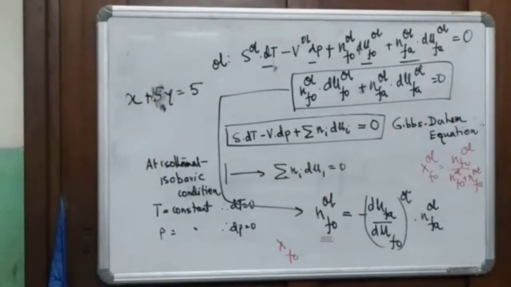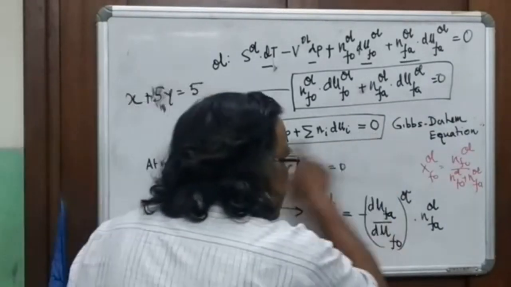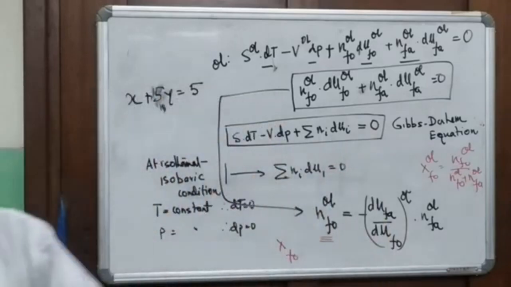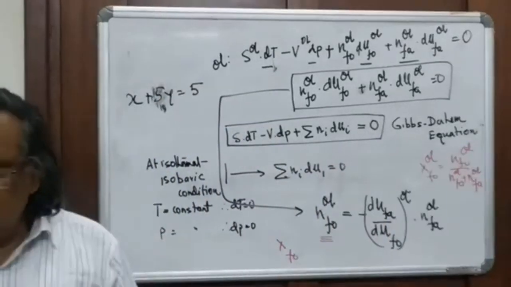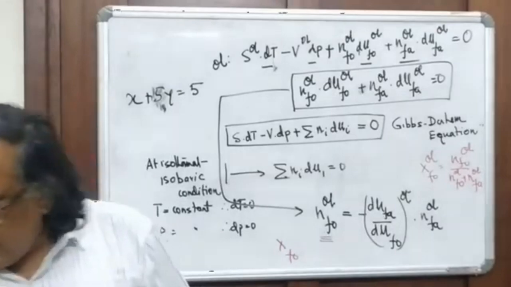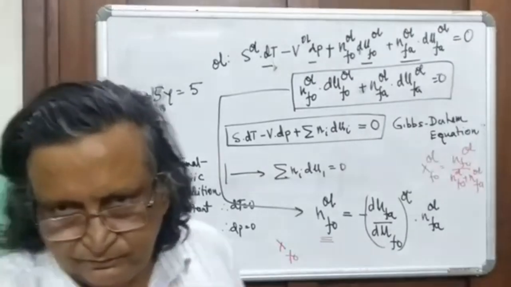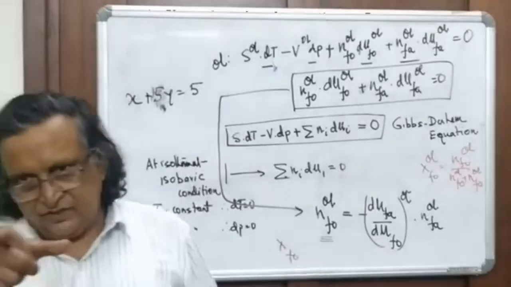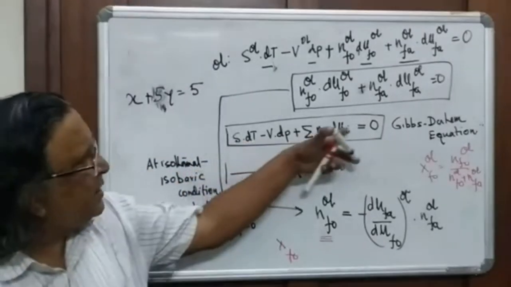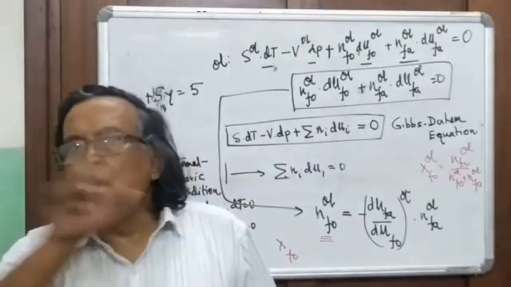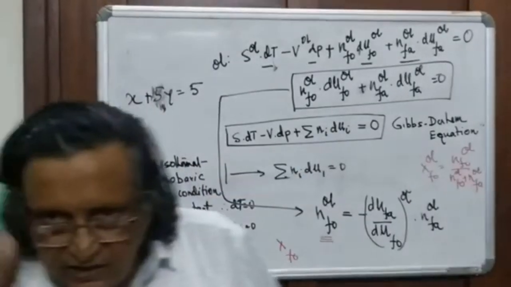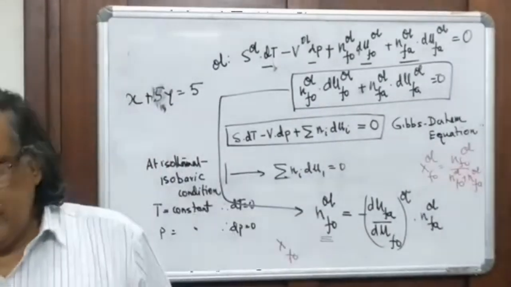The Gibbs-Duhem equation essentially links all the variables, including temperature, pressure, and the different moles, into one single equation. But all the variables here are not independent variables. There are also dependent variables.